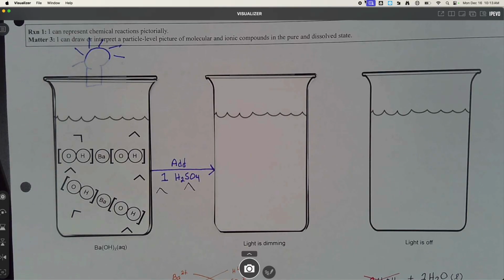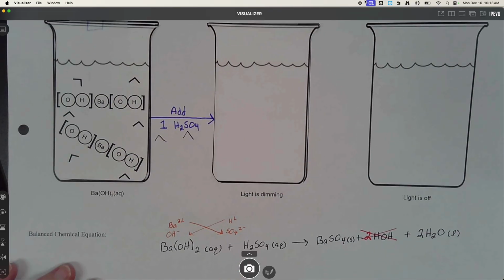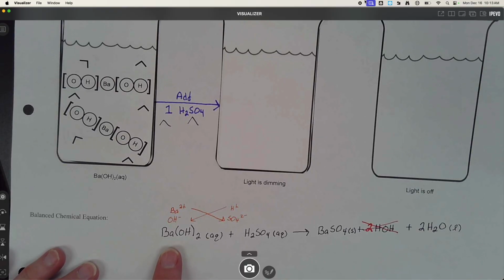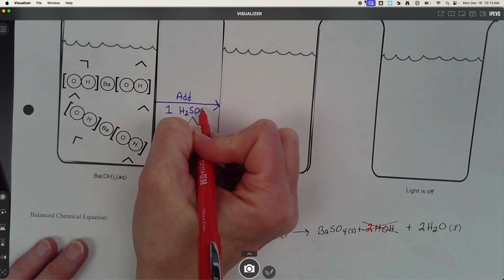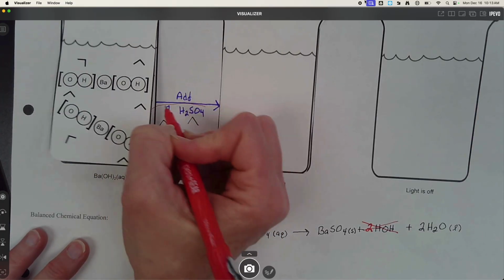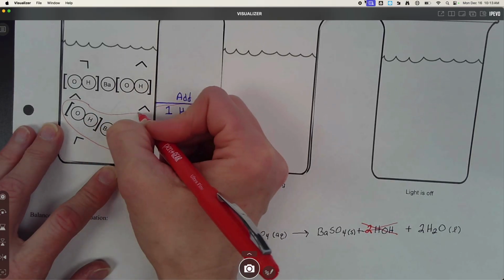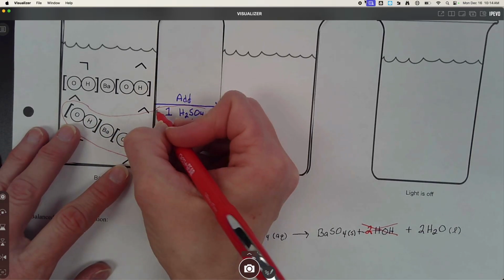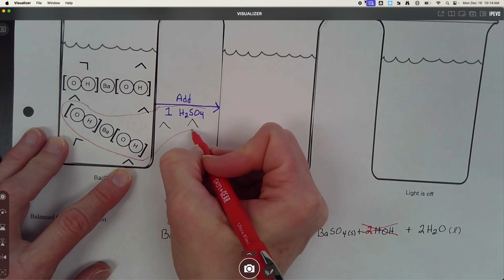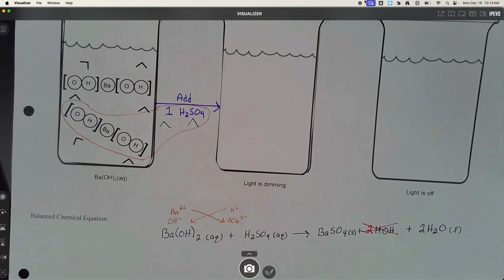And now we're going to use a little bit of lasso chemistry. Our balanced equation says 1 barium hydroxide reacts with 1 H2SO4. So I'm going to bundle up my 1 H2SO4 with one of my barium hydroxides to create basically one batch of this chemical reaction.